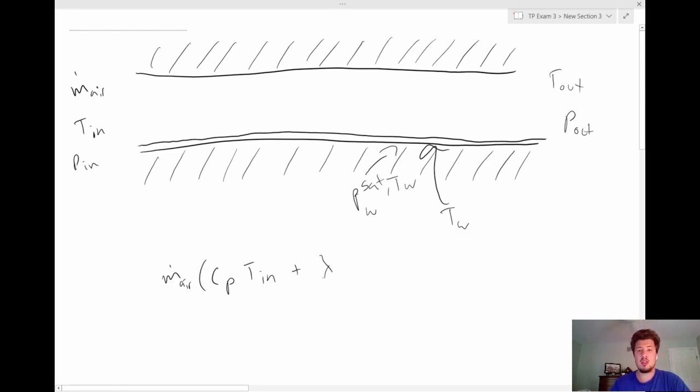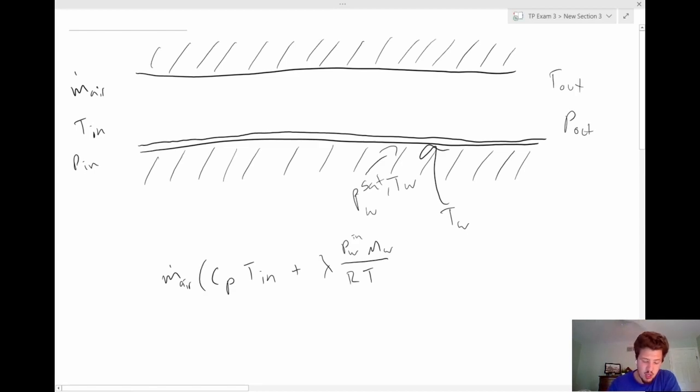Now, looking at this tube, we know that we will eventually have some partial pressure of water entering the system, over the gas constant R, T, multiplied by the molecular weight of water.